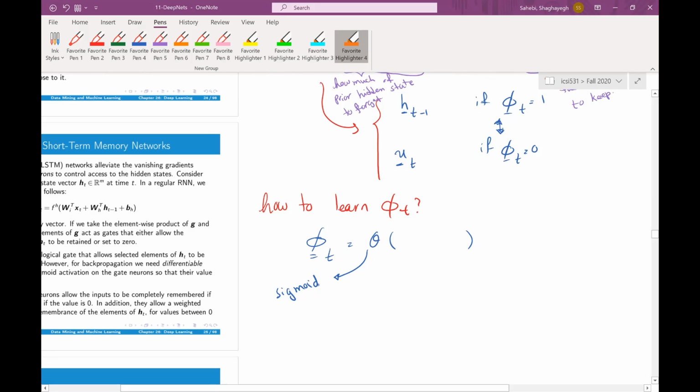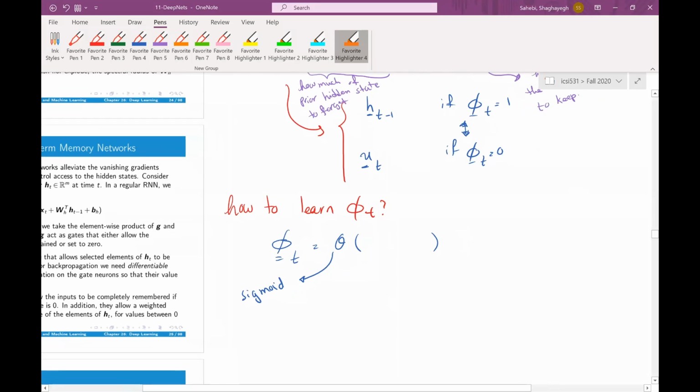And also, we think that the value for this phi t should depend on h t minus 1, right? Because we are trying to decide if we are trying to forget or remember the previous hidden state or not. So I should know what is in the hidden state that I'm trying to forget or remember, right?